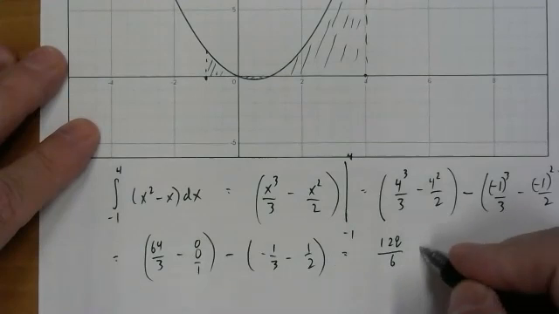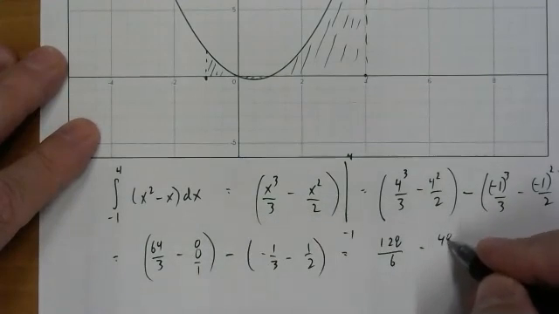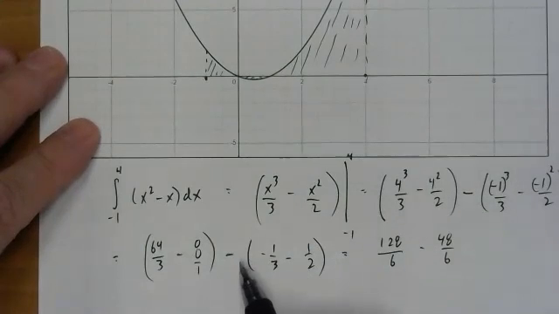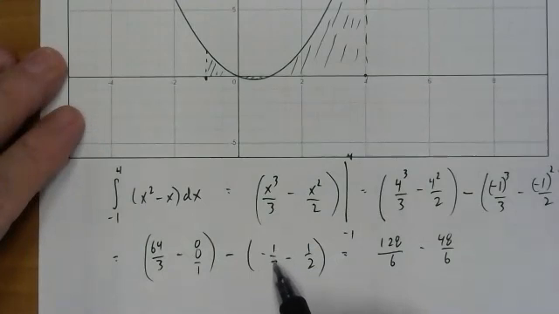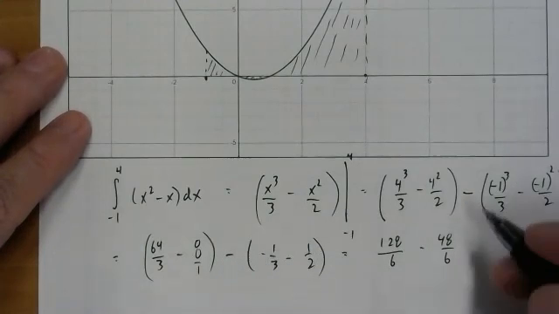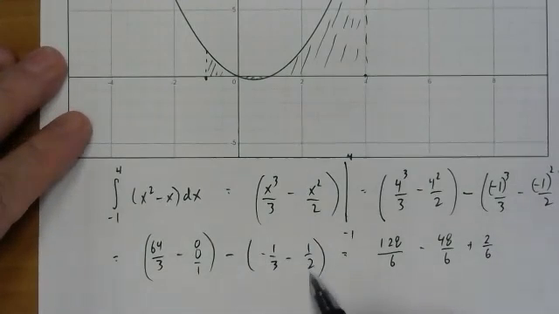128 over 6, here multiplied by 6 over 6. Now here, the 1/3, I multiply top and bottom by 2, so it's really going to be -2/6. But I'm going to subtract a -2/6, which means +2/6. Then 1/2 multiply top and bottom by 3, so 1/2 becomes 3/6.